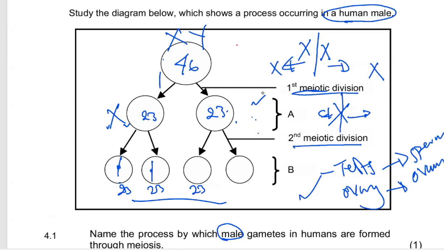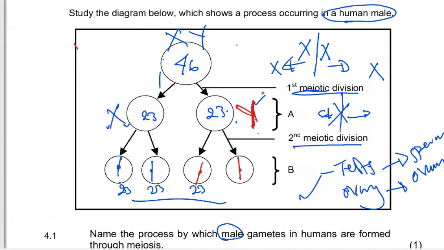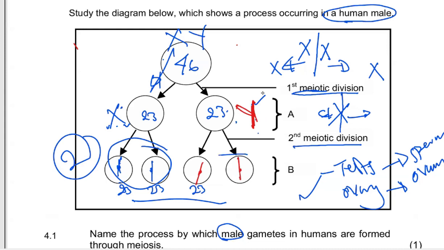So this side I'm going to have a Y. And when the Y splits, then the X will come this side, and you have your X and the individual X. Meaning I will have two individuals for X and two individuals for Y. Is it clear?